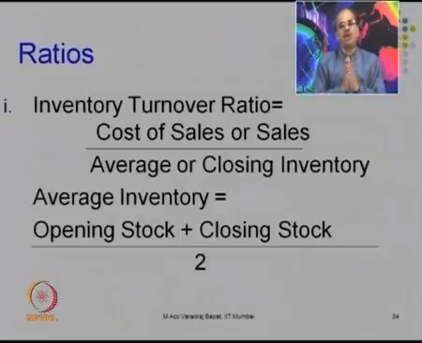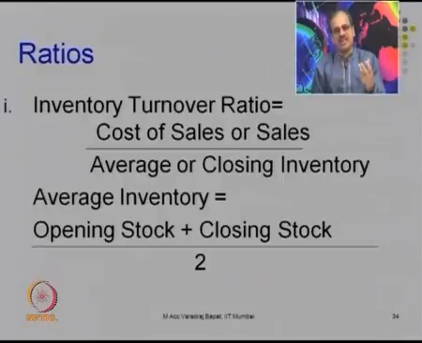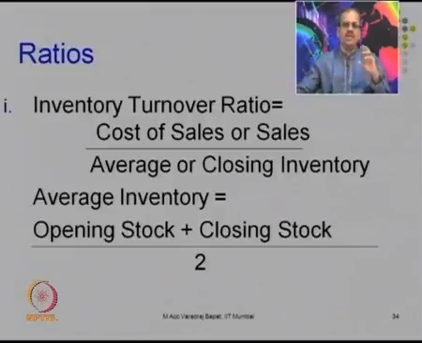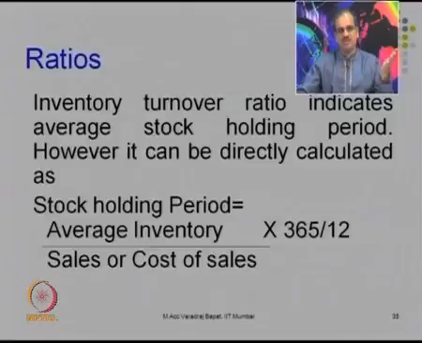Since the stocks are at cost, usually we take cost of sales in the numerator divided by average inventory. If you don't have cost of sales, you can use the sales figure and divide it by average or closing inventory. This will tell you how efficiently the stock is being managed.